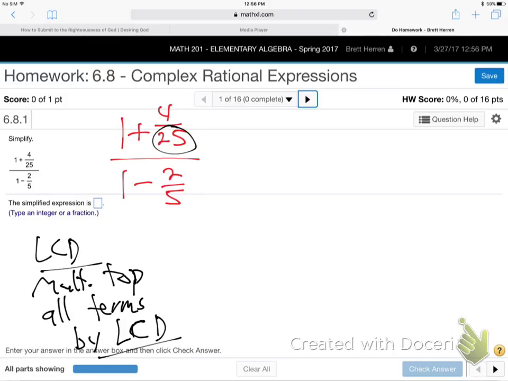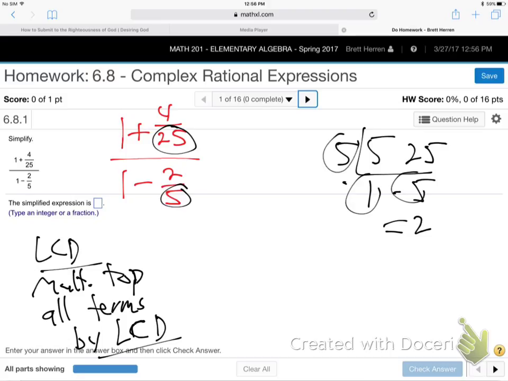The 5 and the 25 are the only denominators, and 5 and 25 both go into 25, don't they? If you did them in a box to be formal, 5 goes in there once and 5 times. What goes into 1 and 5? Nothing. Multiply these together, and what do you get? Sure enough, 25. So we already knew it. The LCD is 25.